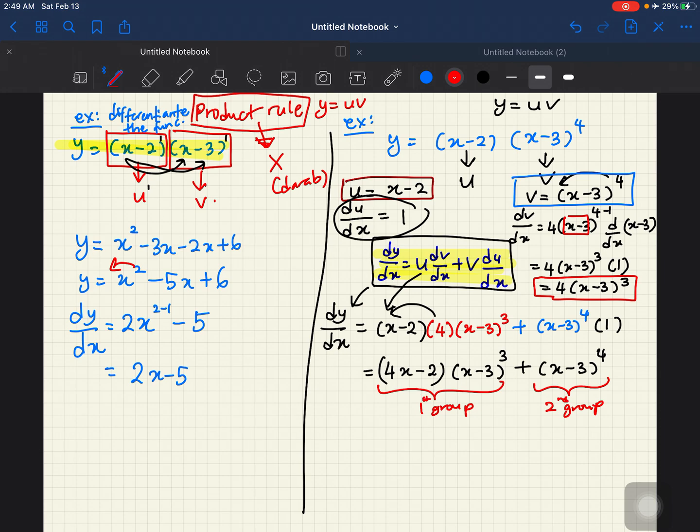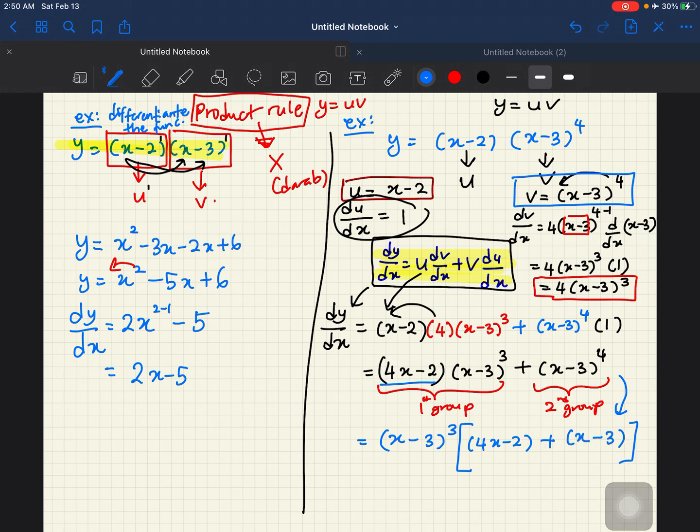First group and second group, do you see something that is similar? I can see something that is similar, which is x minus 3 to the power of 3. So what I do is I take out, or I factorize, x minus 3 to the power of 3 from the first group. And then what's left is 4 times x minus 2, plus what is left here after I take out the power of 3, which is only x minus 3.